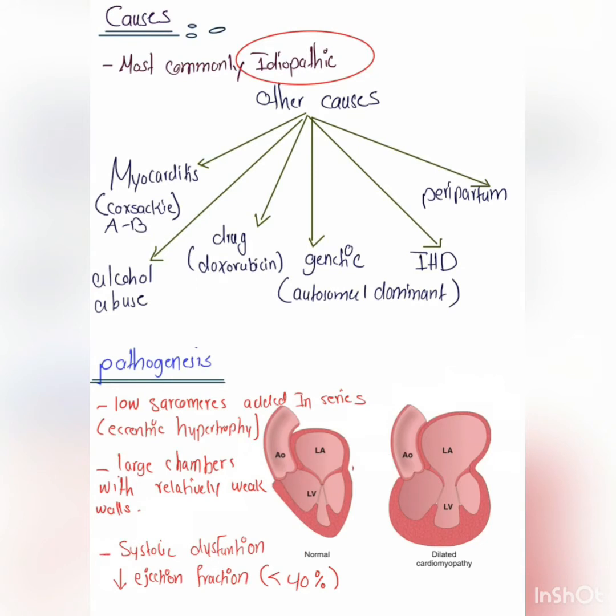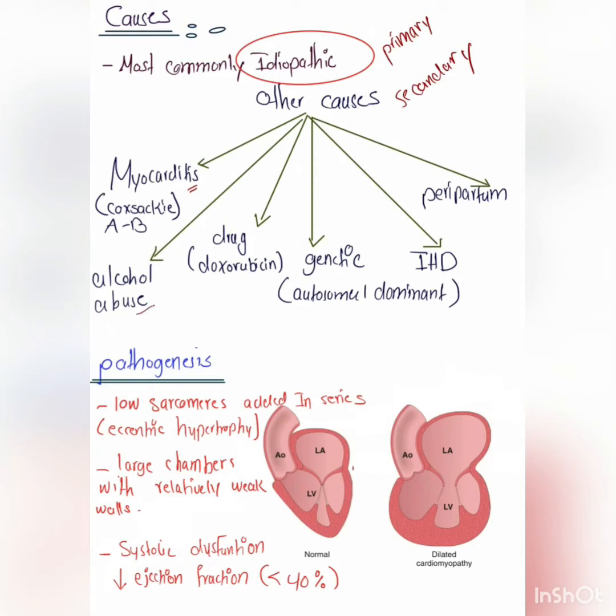Regarding the causes of dilated cardiomyopathy, it can be divided into idiopathic or primary causes, or secondary. Secondary causes include infection of the myocardial wall, called myocarditis. This infection could be caused by viruses such as Coxsackie virus type A or B, or by parasites.